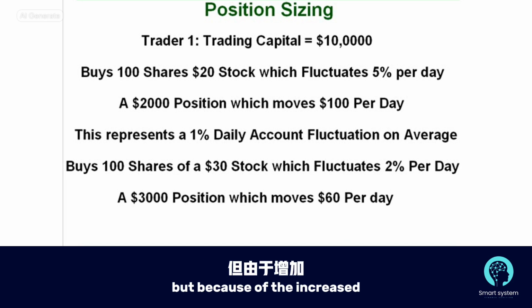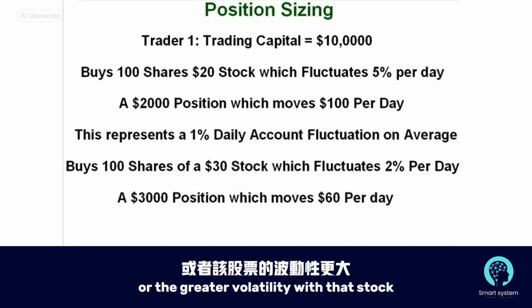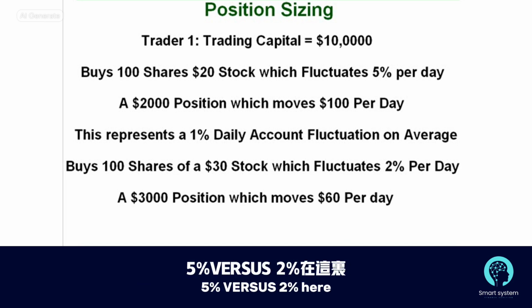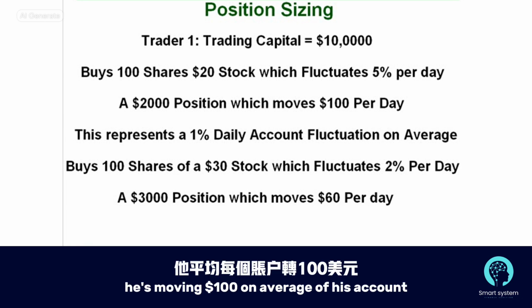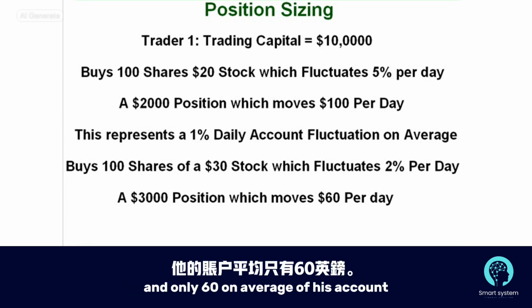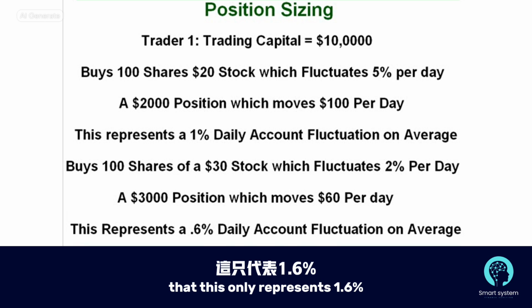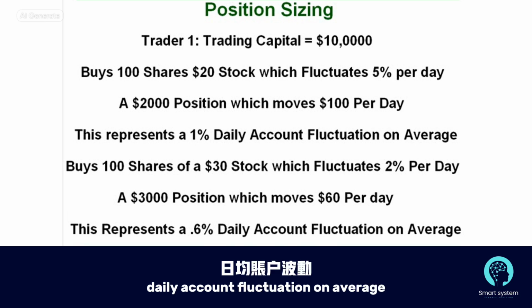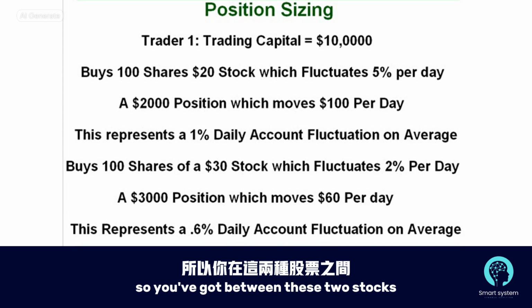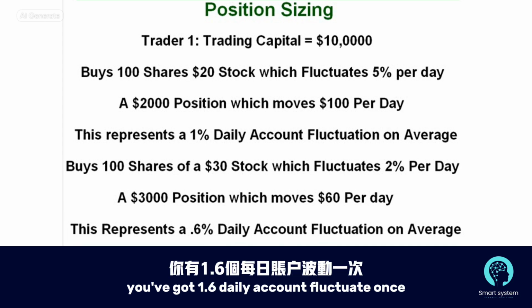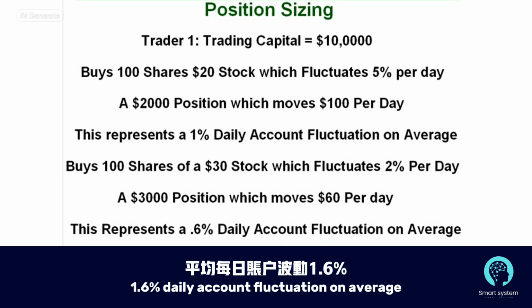But because of the greater volatility with that stock, 5% versus 2% here, he's moving $100 on average of his account based on that first stock, and only $60 on average based on the second stock. So you can see here that this only represents 1.6% daily account fluctuation on average.